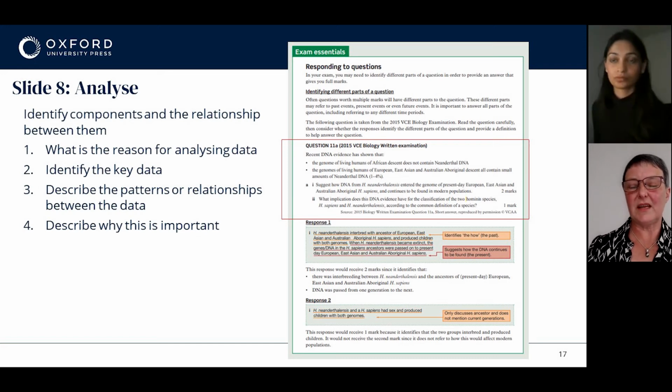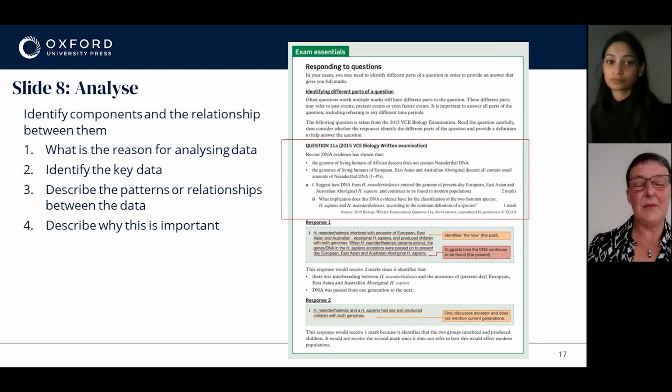Then they've got to identify the key data that is related to that. Then they've got to describe the patterns or relationships they see from it, and then why it is important. So there's multiple steps in analysing, and this is something you might expect, for example, for one of the article questions that have been popular in the exam since 2018.